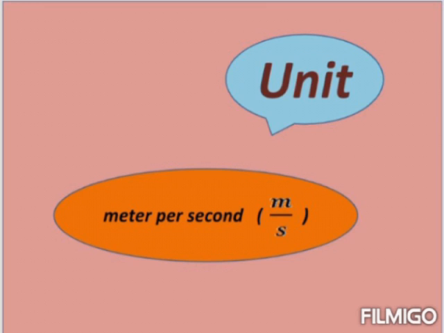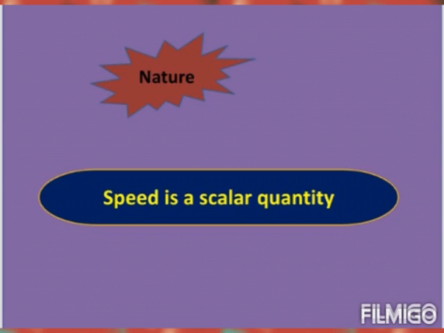So meter per second is the unit of speed. The nature of speed is that it is a scalar quantity, because speed is equal to distance divided by time, and distance is a scalar quantity. Just because of distance, speed is also a scalar quantity. This is the nature of speed.